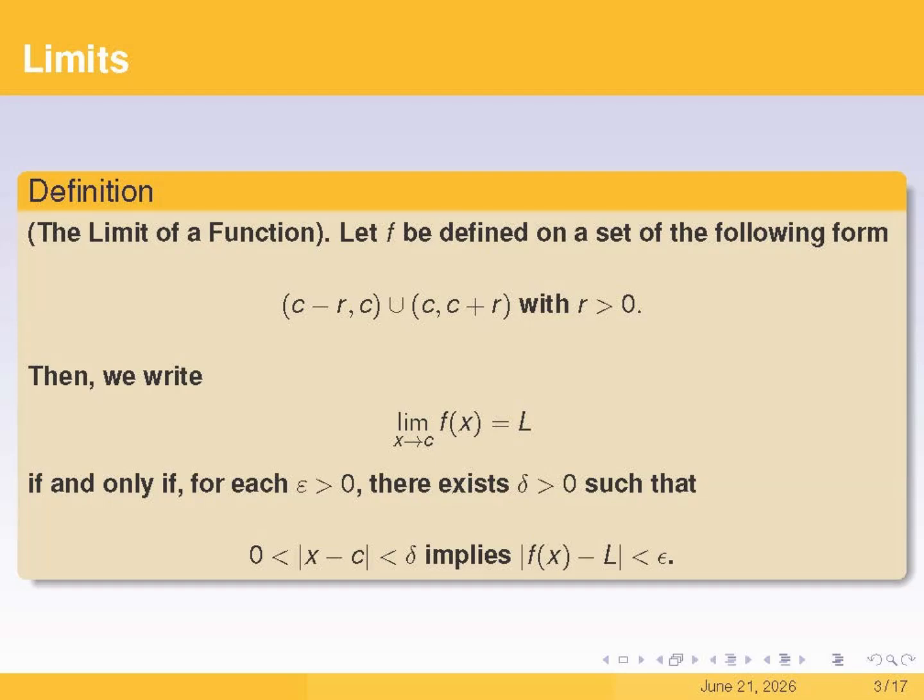By the same token, if we want the function value f(x) to be even closer to the real number L, we can choose epsilon to be 10 to the power of negative 20.